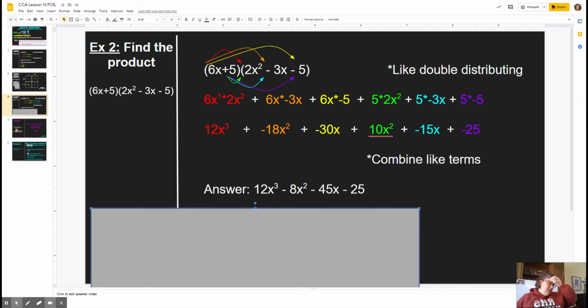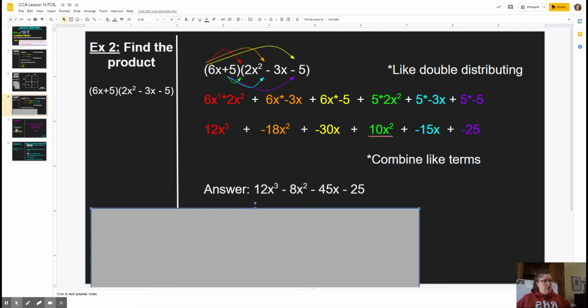If you got it, great. If you didn't get it, that's great. Go ahead and fix yours so that you have the correct steps and the correct answer. Again, the big idea here is to make sure that you have multiplied everything by each other, right? 6x times 2x squared, 6x times minus 3x, 6x times negative 5.